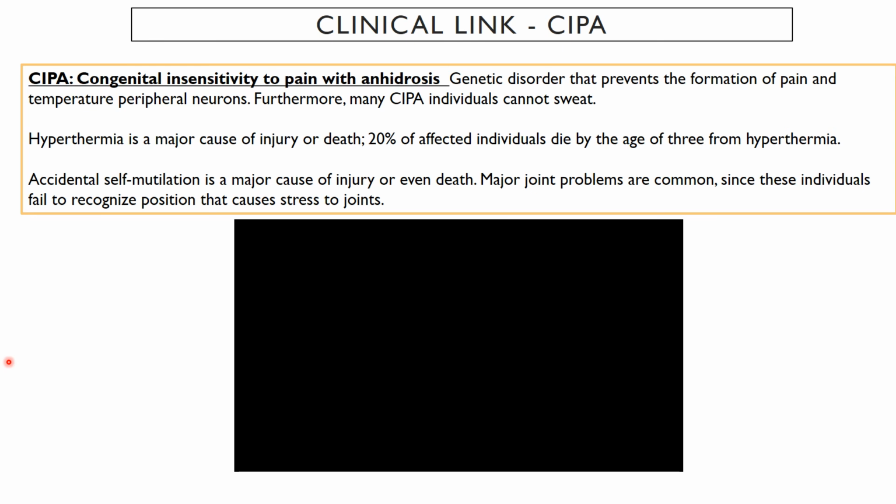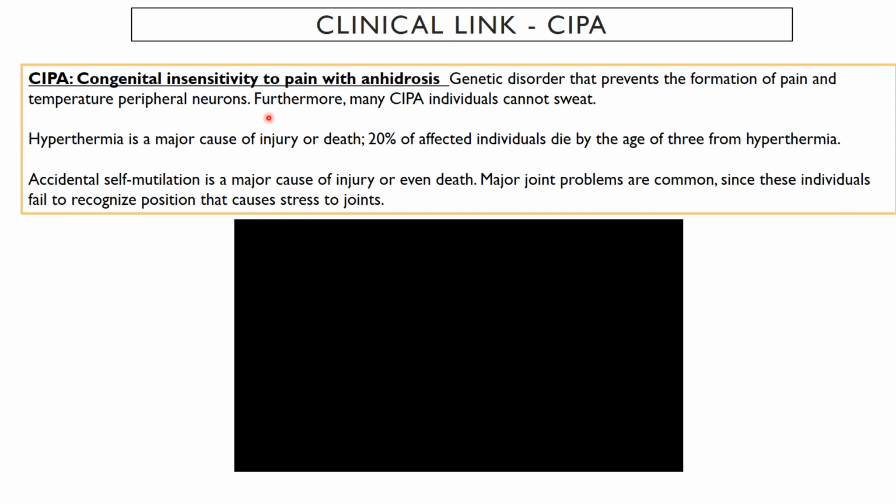There are families that carry the mutation amongst Bedouin Muslims, in North Africa and the Arabian Peninsula, where you're more likely to find this genetic disorder with a particular mutation. Individuals that have that mutation have the inability to form pain and temperature peripheral neurons. Those neurons are just missing.